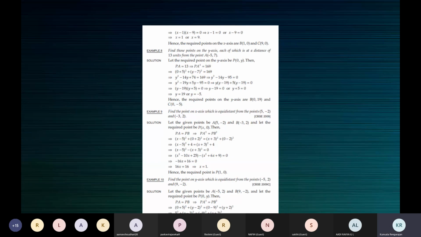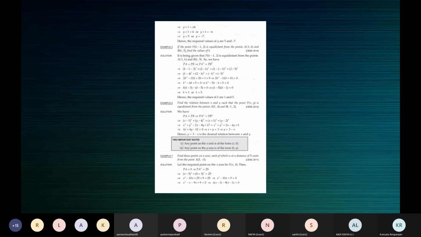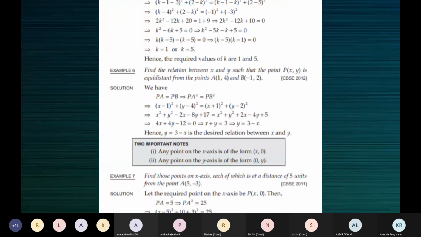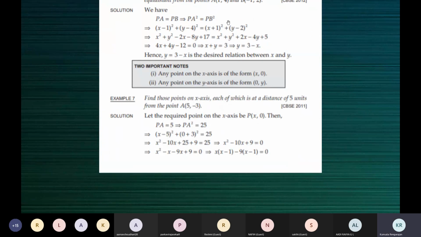In solving, children, be careful. Expand this using (a minus b) the whole square. 0 plus 3 is 3, 3 square is 9.